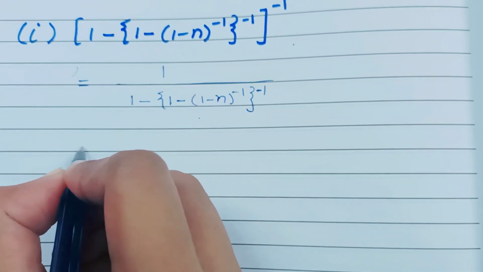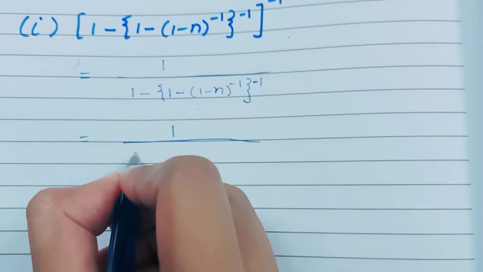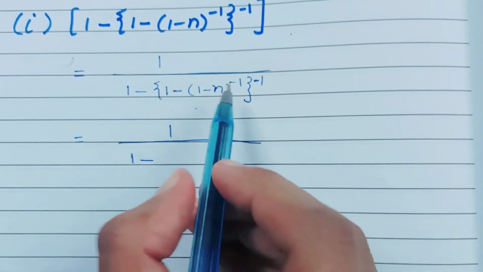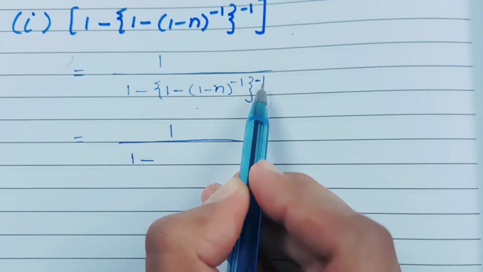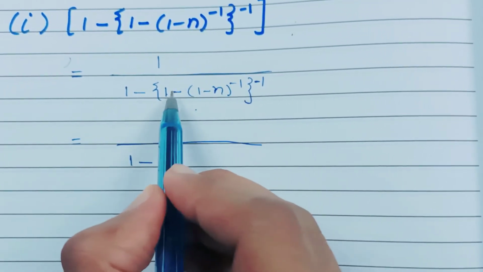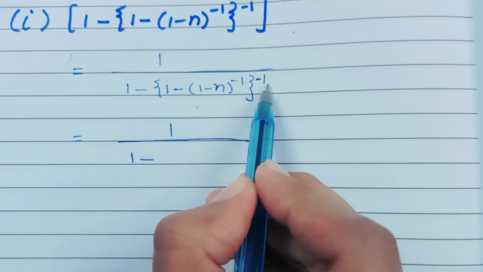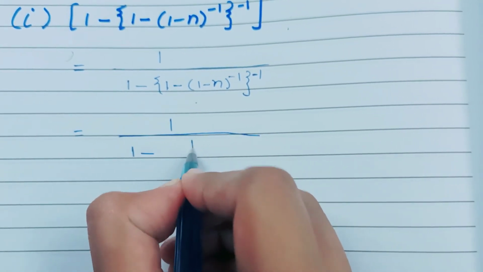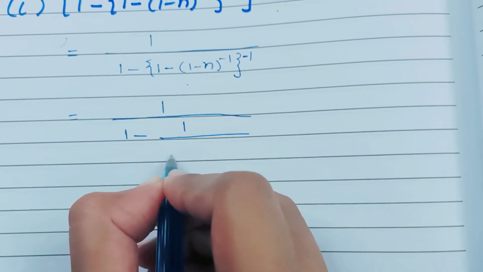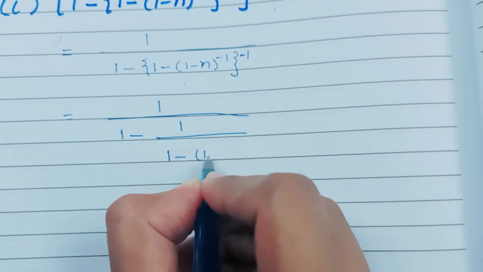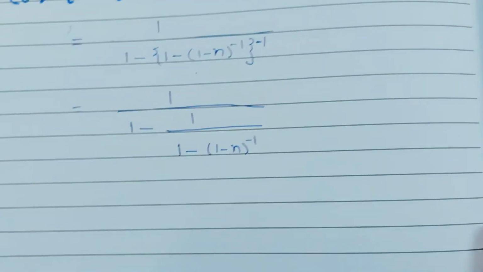After this I will write 1 over 1 minus. Now I will solve this negative exponent, and this negative exponent is of only the terms that are in curly braces, not the complete term. So I will write it again, 1 over only this term that is in curly braces, 1 minus n raised to power minus 1, by using the negative law of exponents.